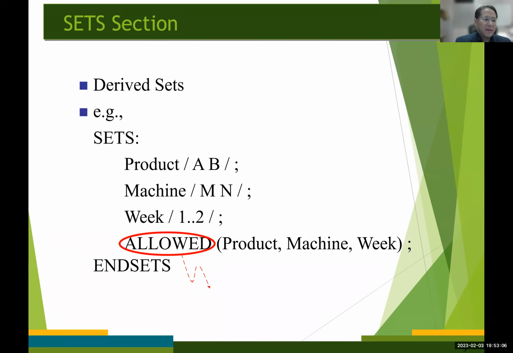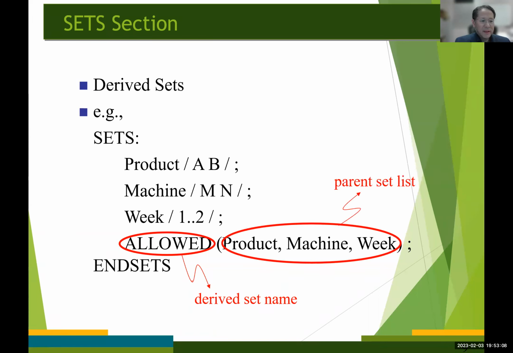So as an example, let's consider this sets section. In this case, the product, machine, and week sets are the primitive sets, right? While allowed is derived from the parent sets product, machine, and week. So taking all the combinations of members from the 3 parent sets, we come up with the following members in the allowed set.